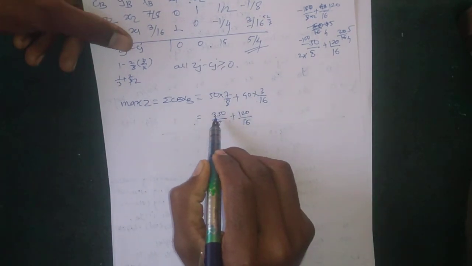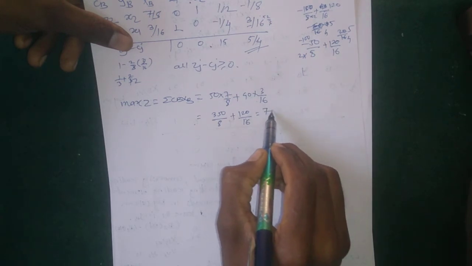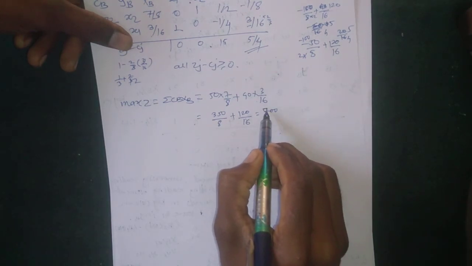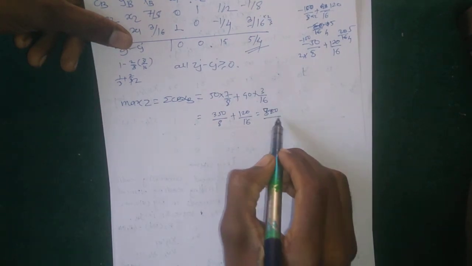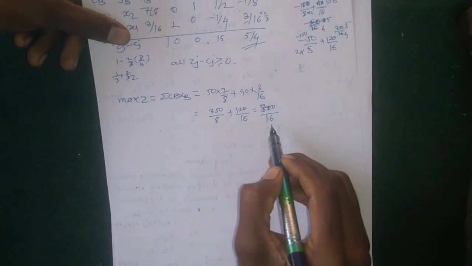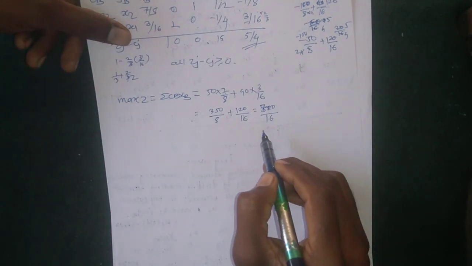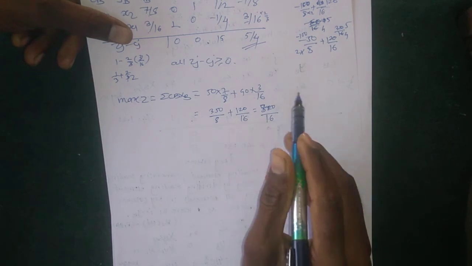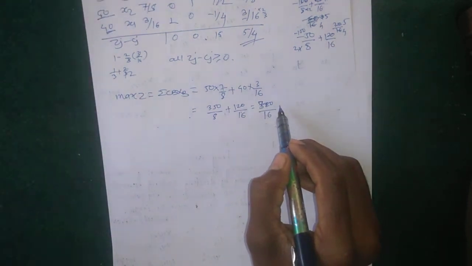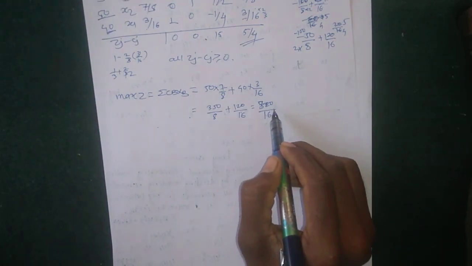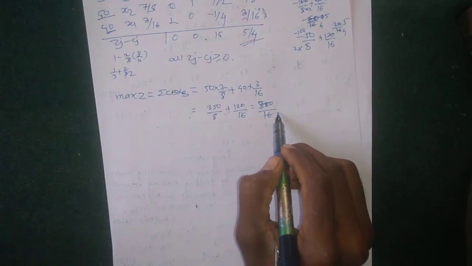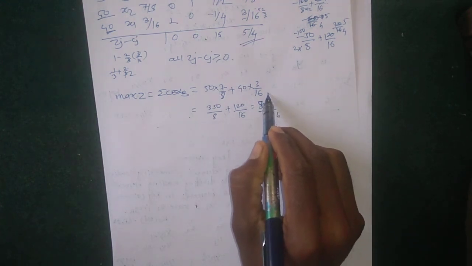So multiplying this, 820 divided by 16. If we divide both elements by 4, then here 205.